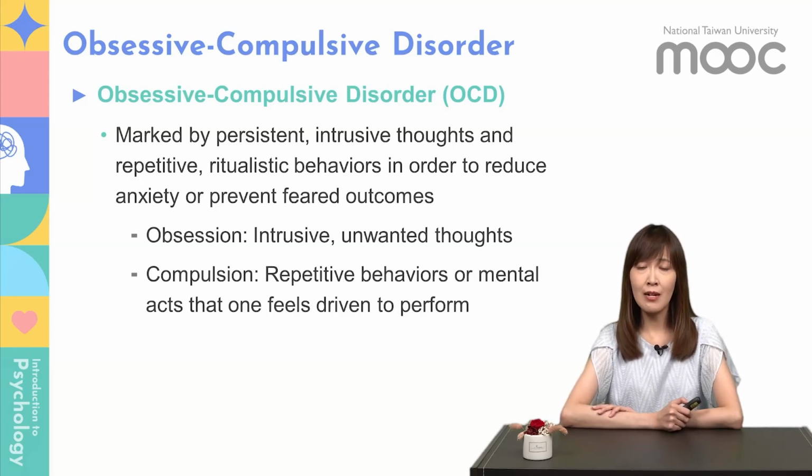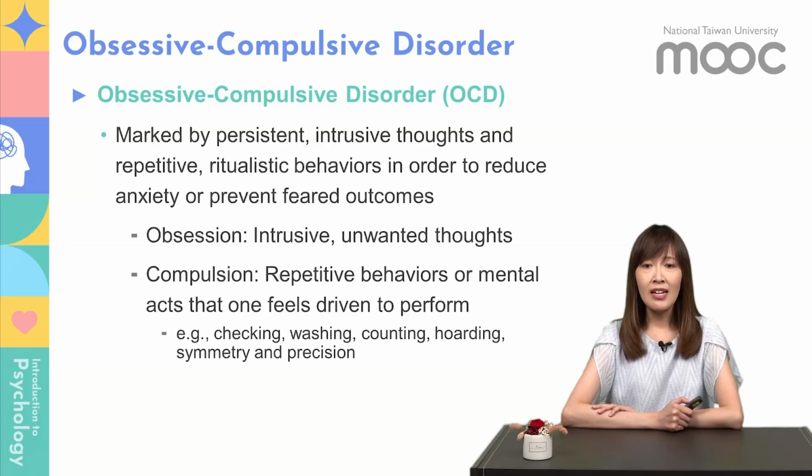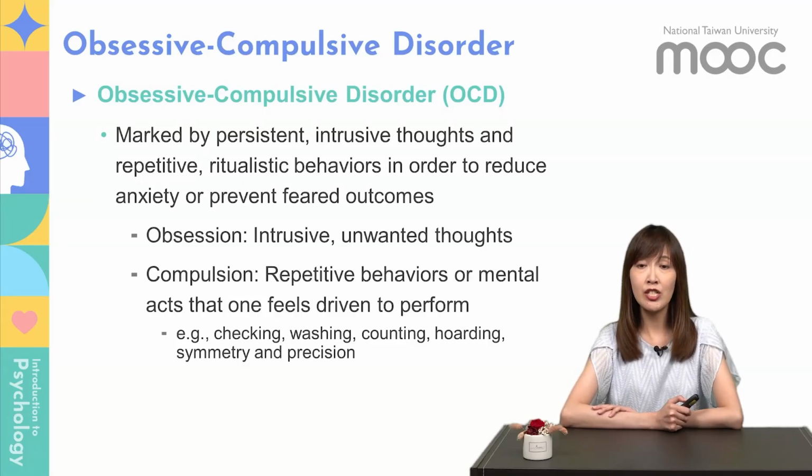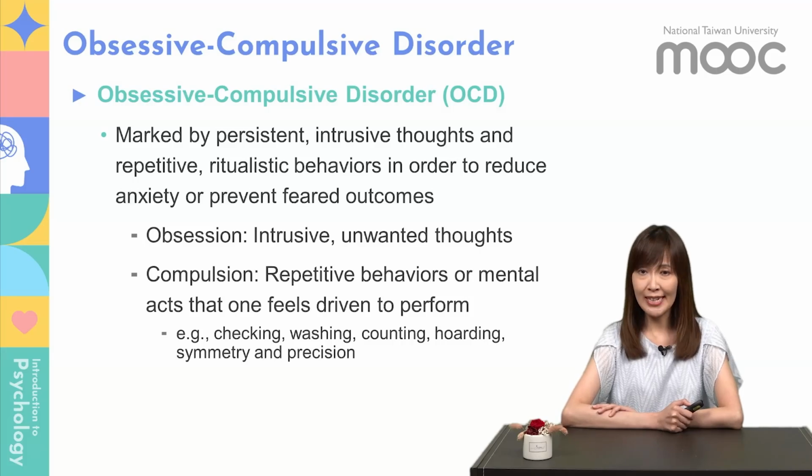And then you have some urges to do something in order to reduce your anxiety. So you may be washing your hands, checking the doors, or checking the faucet. They are called compulsions, and they are usually senseless rituals. The common compulsions include checking, washing, putting things in order, or hoarding.